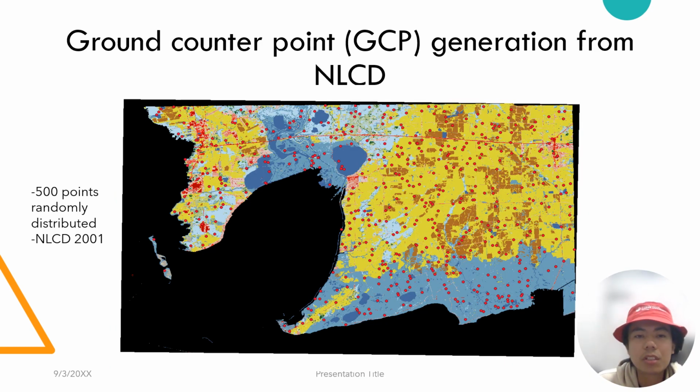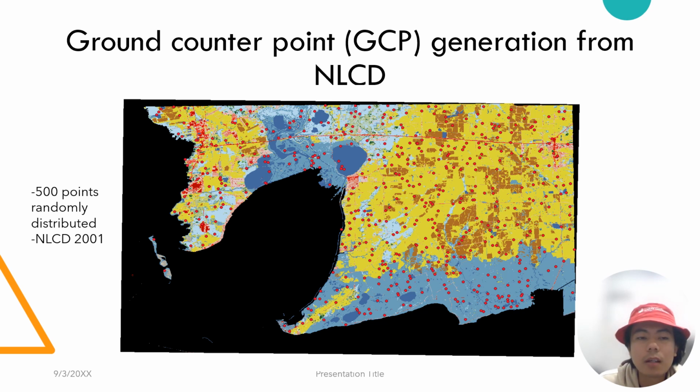Another option to generate a ground counterpoint is using the NLCD, or National Land Cover Dataset, from the MRLC website. This is a dataset generated from the USGS and already assigned with different classes.